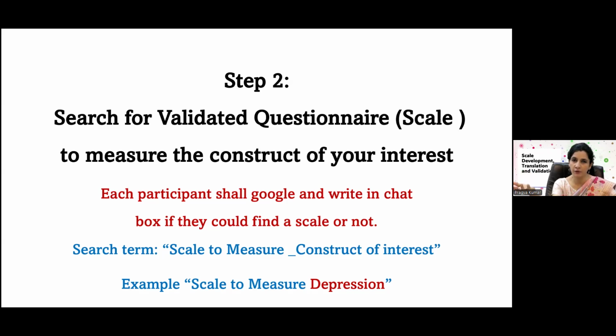Then you can use that scale or modify it a little bit to see stigma in some other disorder, maybe tuberculosis or maybe COVID. So even if your scale is there for some other disease, you can use that scale. But again, we'll learn what the initial steps are before we use the existing scale.